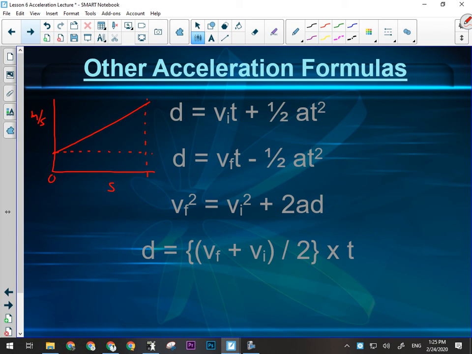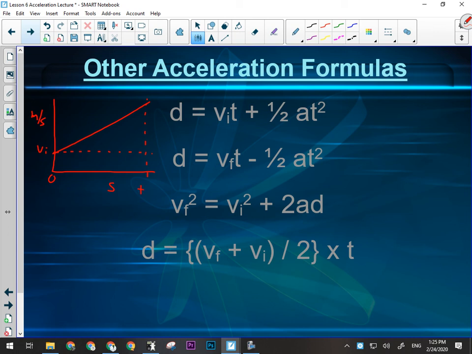So right here, at time 0, this object is actually moving because its velocity isn't 0. So this would be its VI, its initial velocity. The base of the triangle would be the time. Look at what we're calculating here. The first part says VI times t.